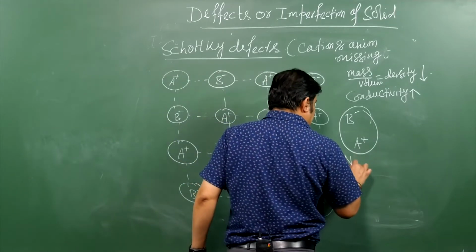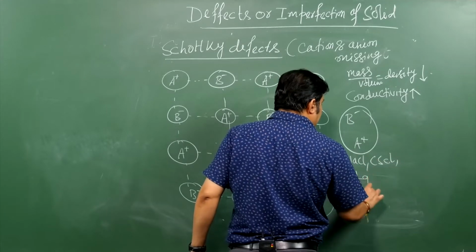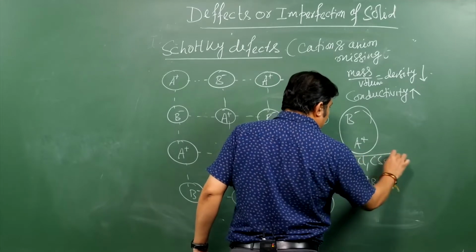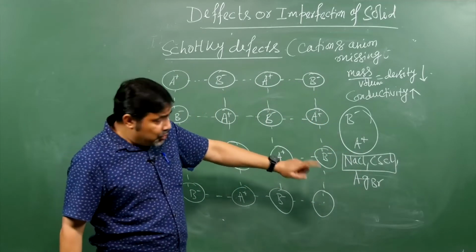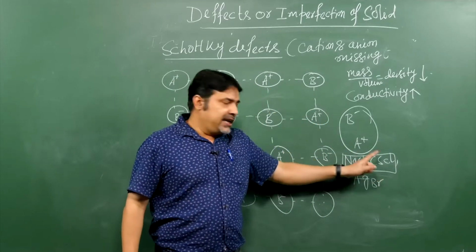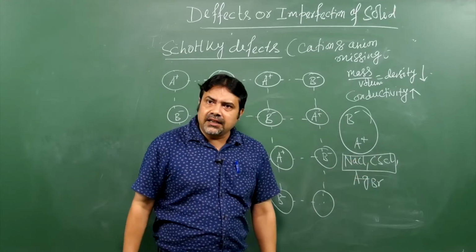Compounds like NaCl, cesium chloride, AgBr. Generally the compound has comparable cation and anion sizes, and a high coordination number. NaCl's coordination number is 6:6, cesium chloride 8:8.